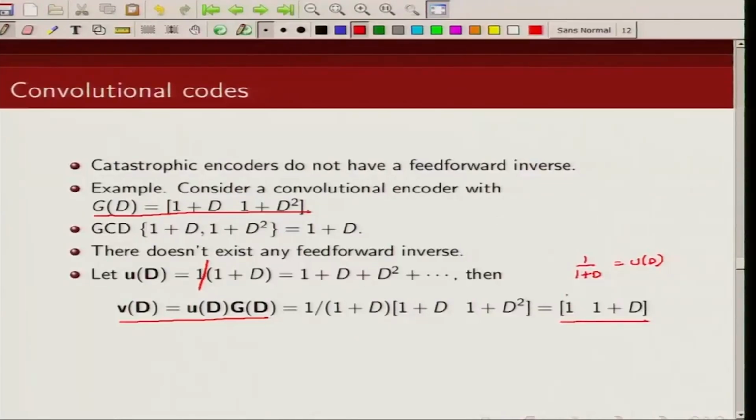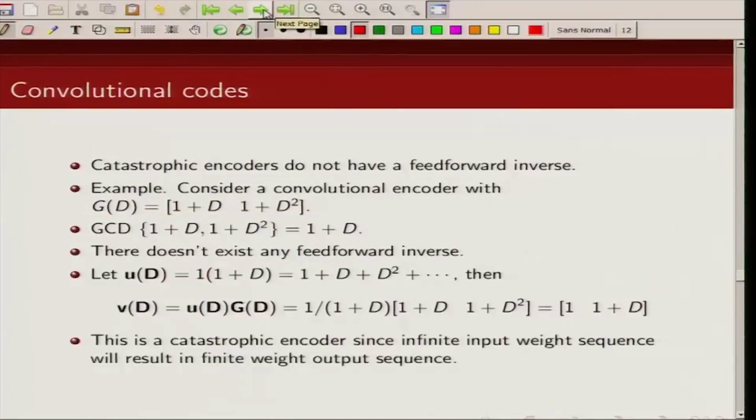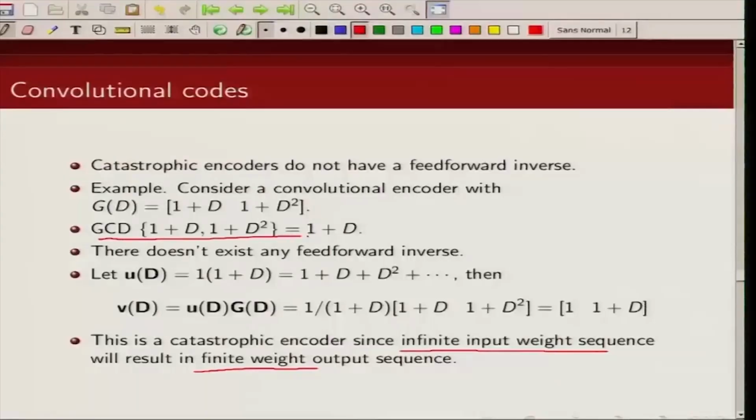So, note my input has infinite weight, but the output only has weight 3, and this is precisely an example of a catastrophic encoder. So, you can see my input has infinite weight, but my output has finite weight. So, a catastrophic encoder would not have a feed forward inverse, as this condition is violated.